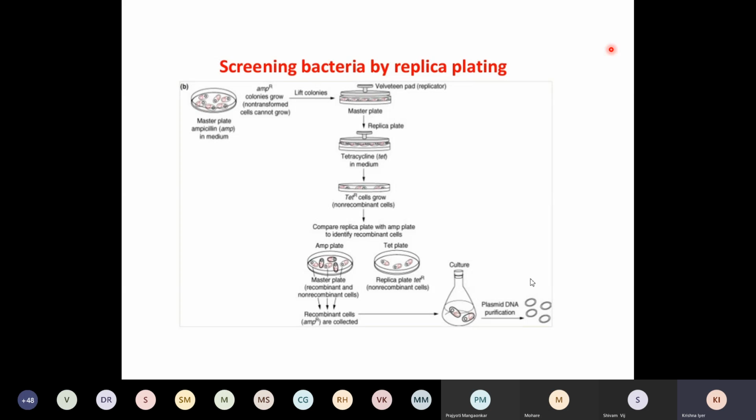First grow them, make millions of copies of them, and then from that I can extract the plasmid. Replica plating is also used to identify sensitivity. Yeah, it is. Because when you do replica plating, in the medium you put an antibiotic, right? So you'll know whether a bacterium is sensitive to that or resistant to that.